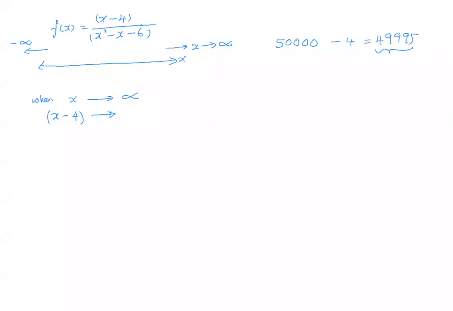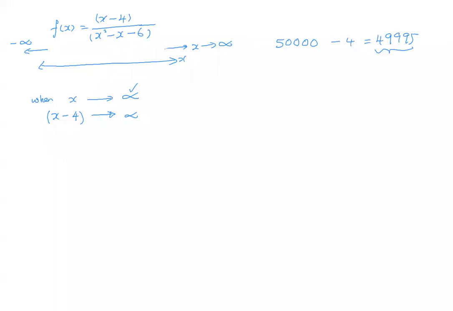It's not a matter of greater. Refer to this. Infinity means it's telling you a very, very big number. A very, very big number minus 4, will the result be very, very big? Yes. So we write down there infinity.